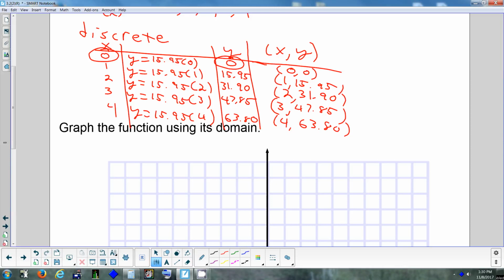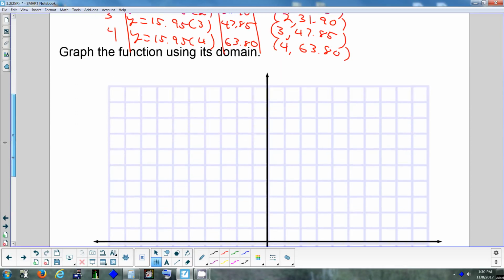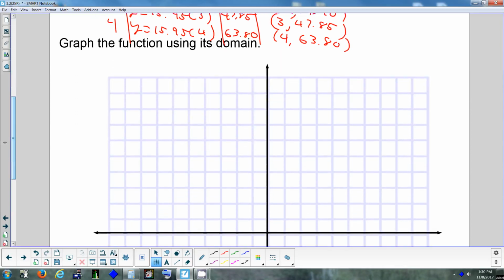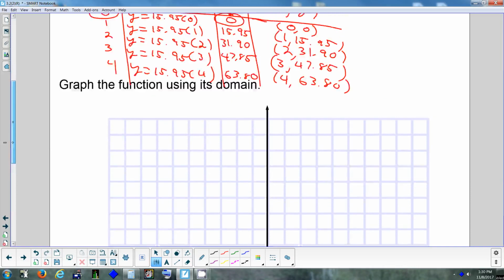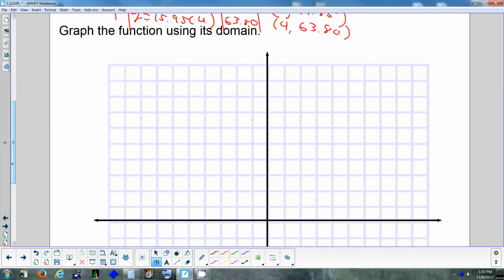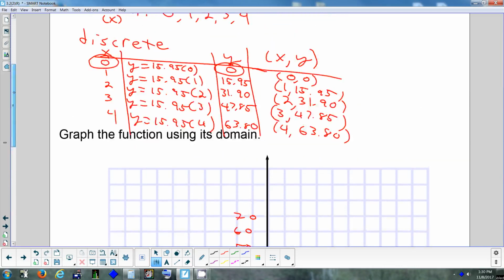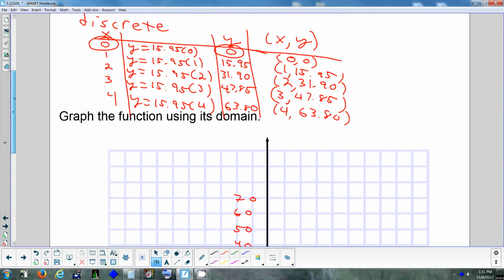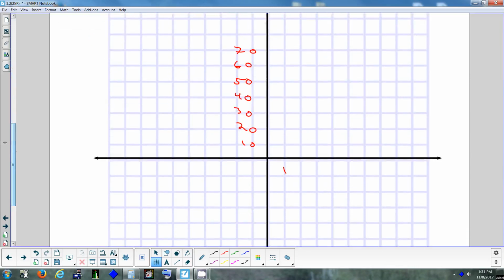Jack, what do you think I should go by on my y-axis? We go by 10s. I think 10s is good. So 10, 20, 30, 40, 50, 60, 70. Now on the x's, my x's are only 0 to 4. We can just go by ones.